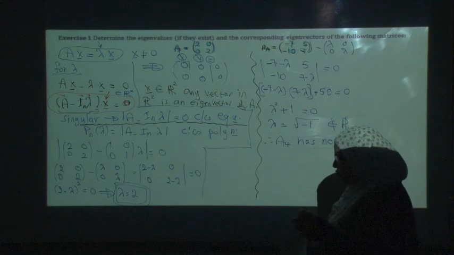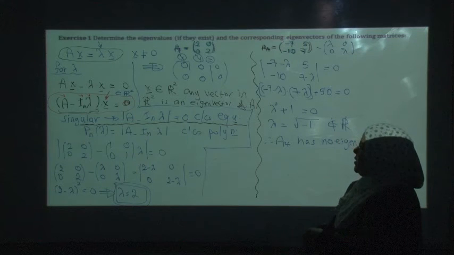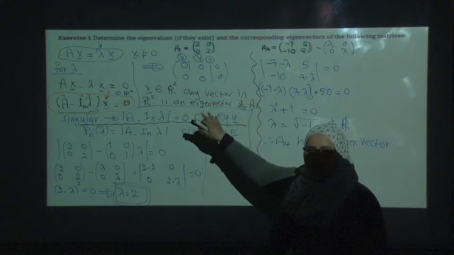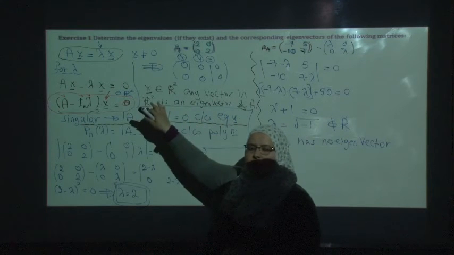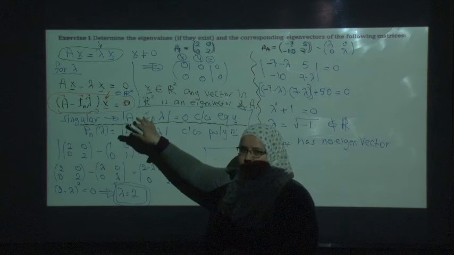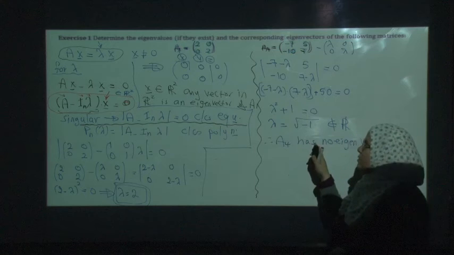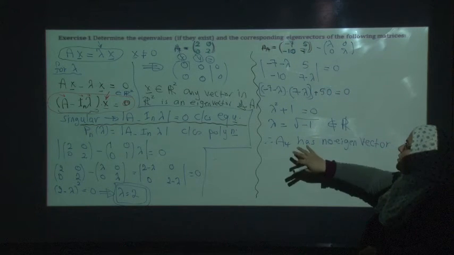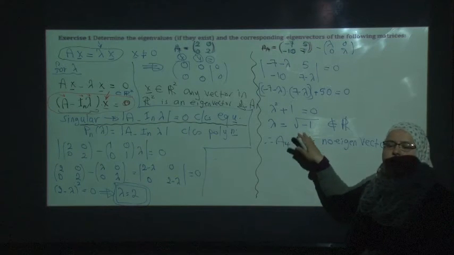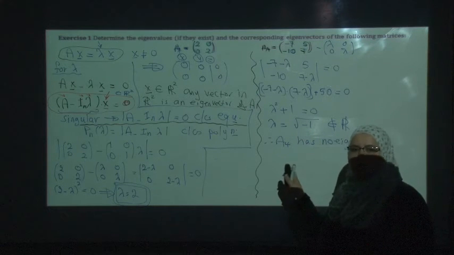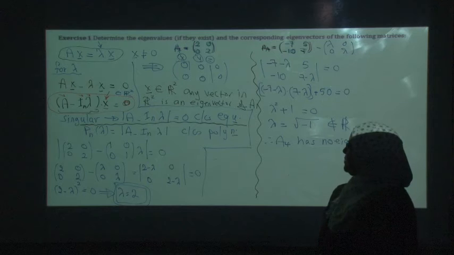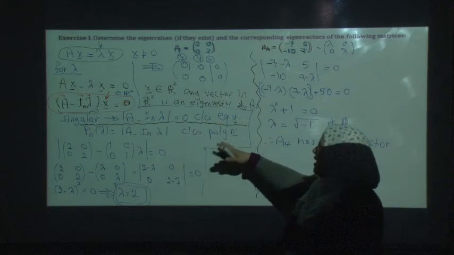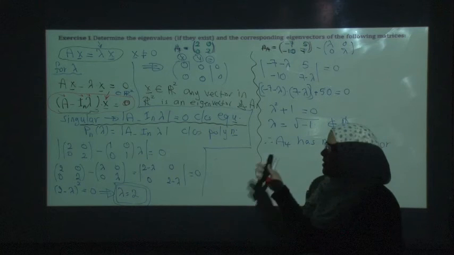We have now seen two cases: in the first example, all the vectors that belong to R2 can act as eigenvectors for the given matrix. Here, quite the opposite. This matrix has no real eigenvalue, and hence it has no eigenvector. So we might have the whole space as eigenvectors, and we might not have a single eigenvector.